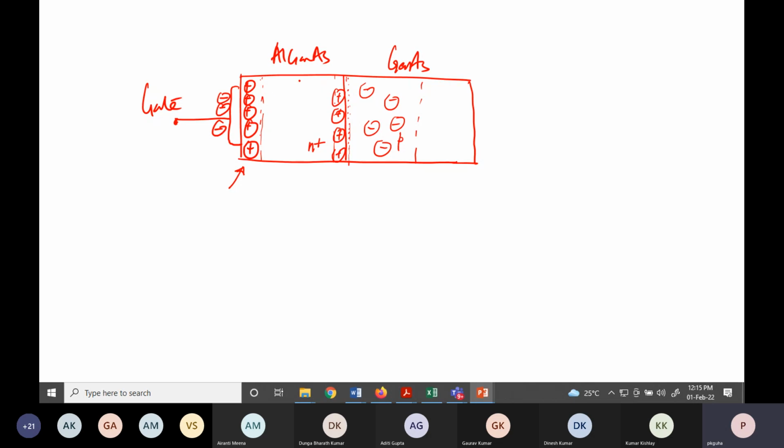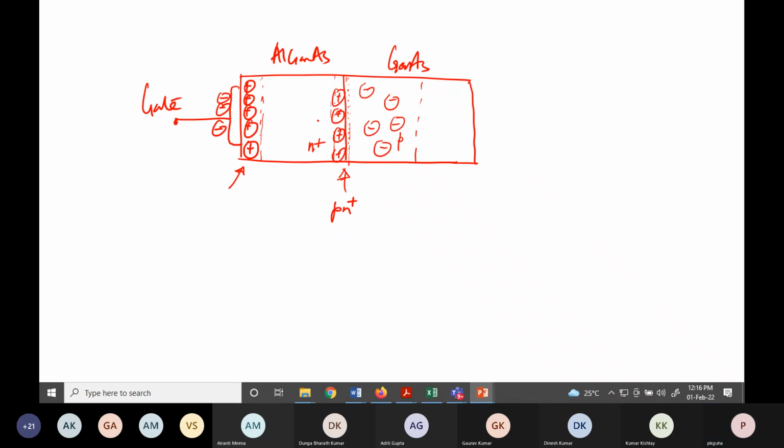So you see there are two depletion regions on the aluminum gallium arsenide side. One is because of the Schottky junction, the metal semiconductor junction, and the other is basically because of the PN plus junction.